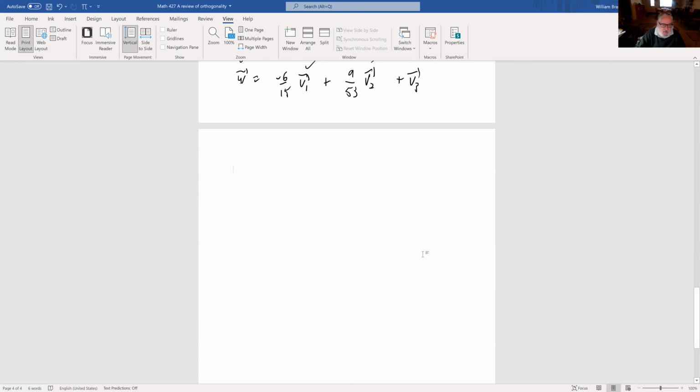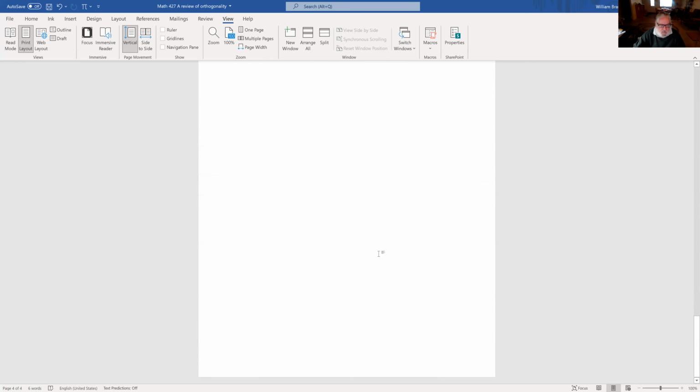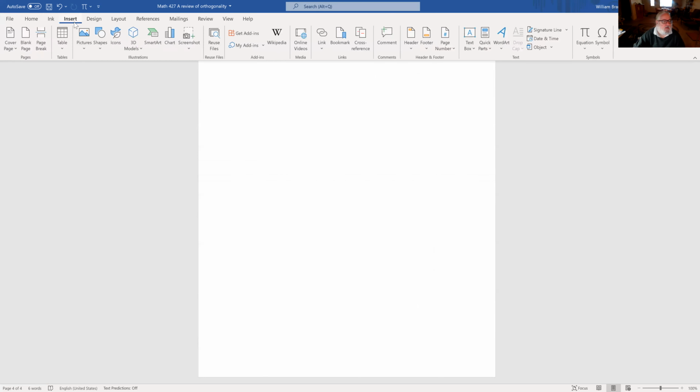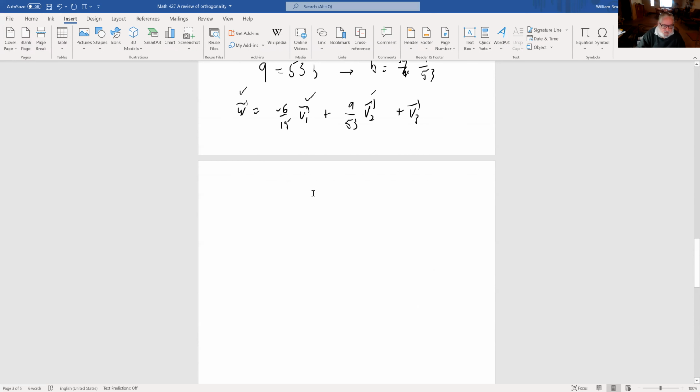So for functions, let's add in another page here, just so we have enough space. For functions, we can define a dot product by this notation.